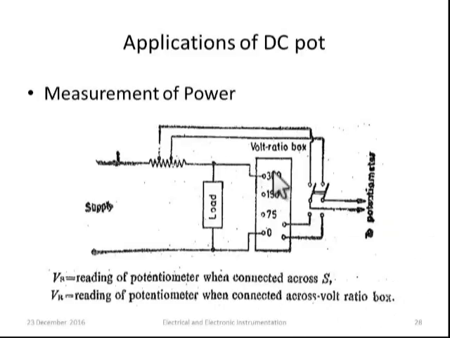And you can see that in this voltage ratio box, the voltage range selected is 300 volt, whereas in the first application, the calibration of the voltmeter, we showed that it was used at 150 volt. So a similar concept is used here to measure power.